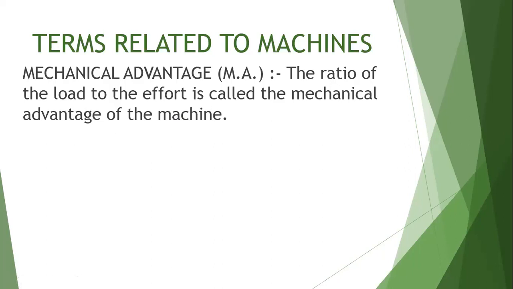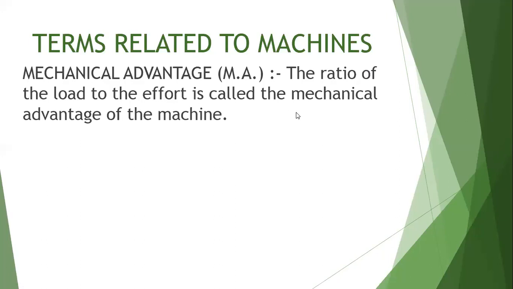These are the terms being designed in this topic in machines. These terms help us to conclude about machines. The first and very important term is mechanical advantage. Whenever we talk about machines, we always keep talking about the machine's mechanical advantage. It is the ratio of the load to the effort.